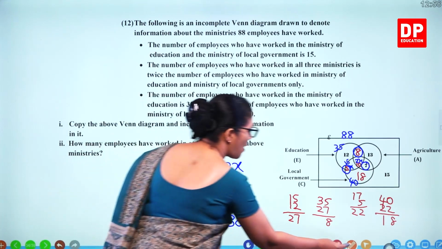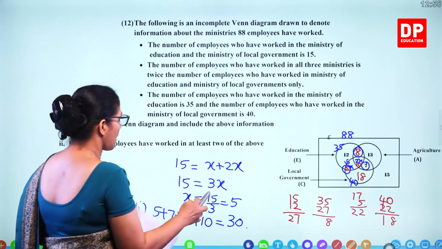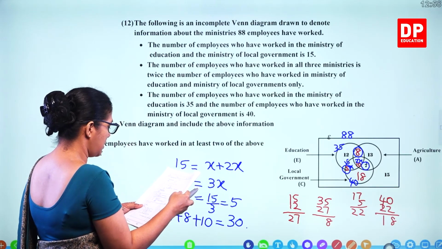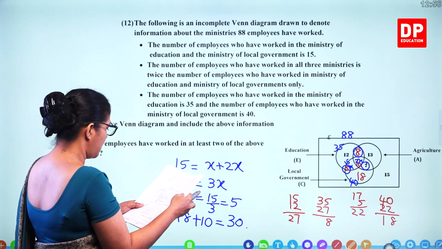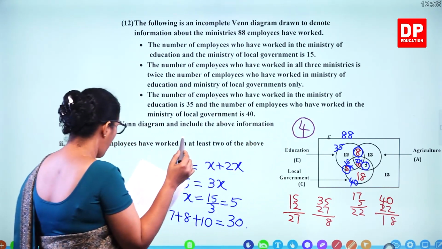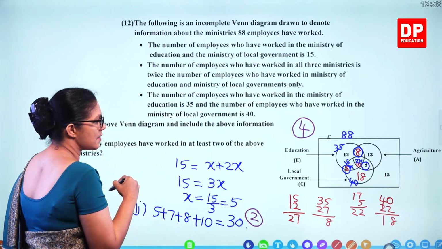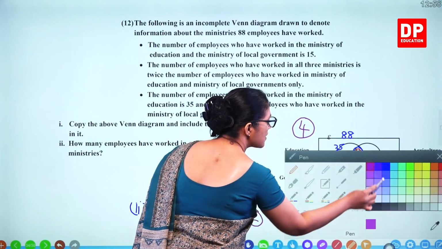Then we'll see how many marks for these 2 steps. You are getting 8, 5, like all the values given. So 4 marks for the diagram and 2 marks for this answer. Now let's do the next part.